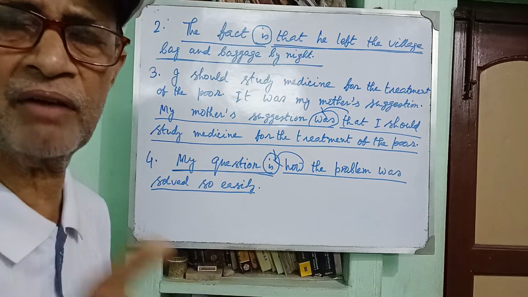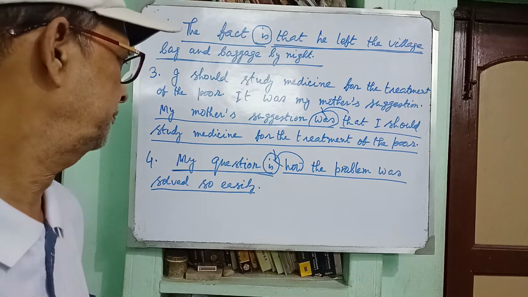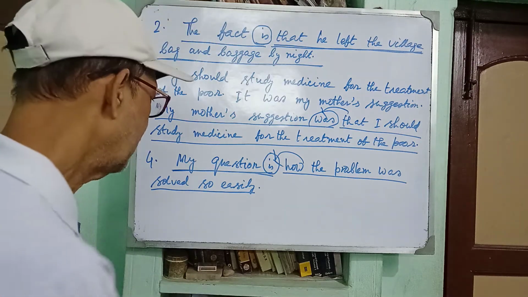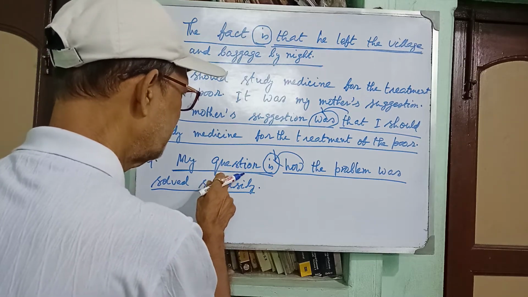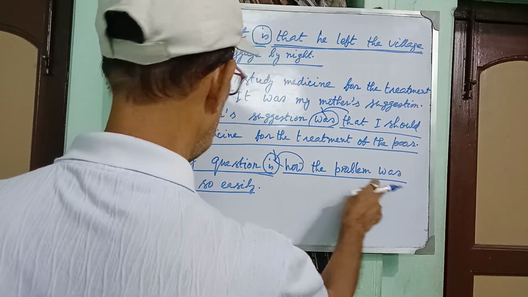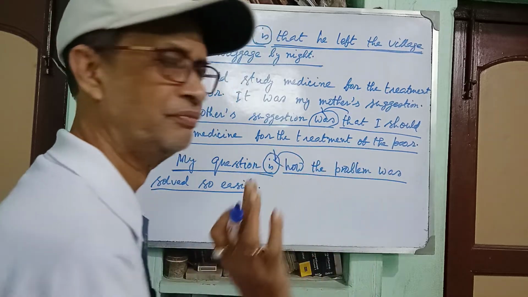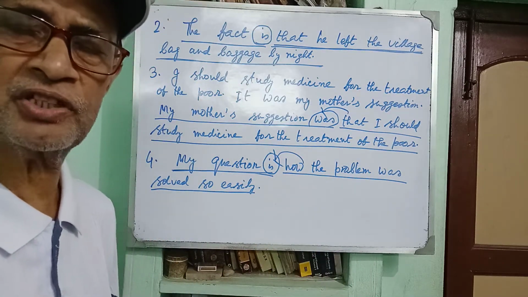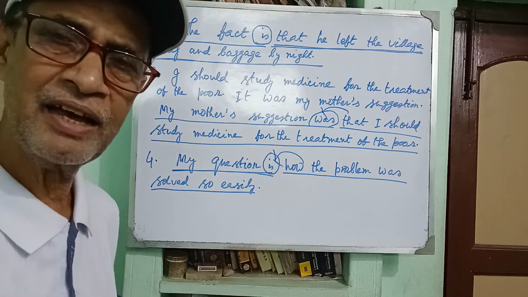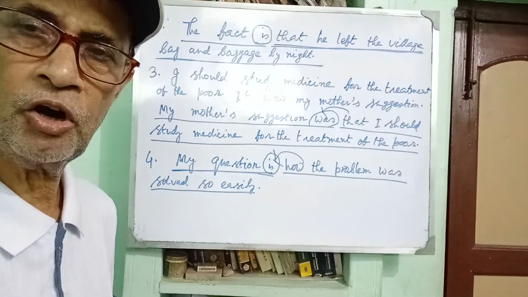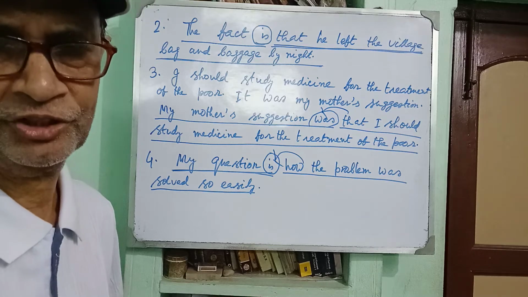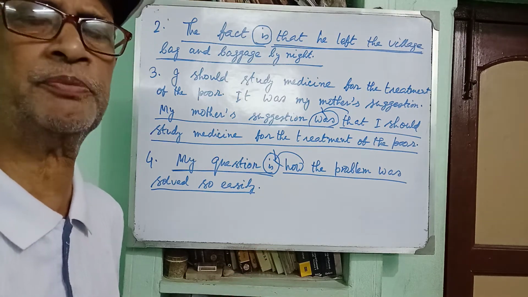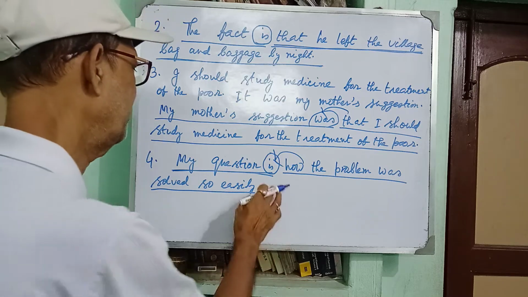Clear? What is my question? How the problem was solved so easily. You see, the noun clause is acting as both object and complement, so it is object complement. However, we should not say object complement. Complement to the verb is.